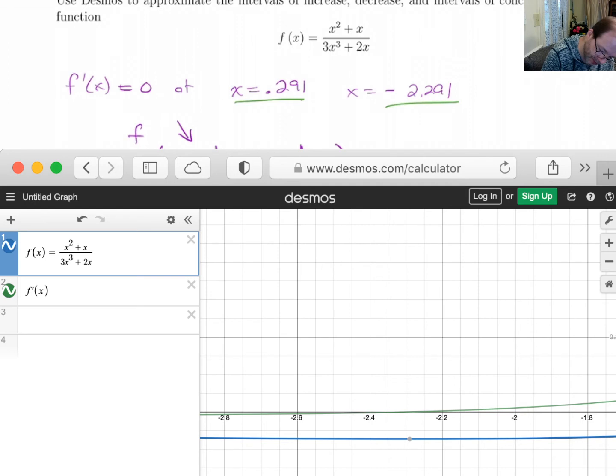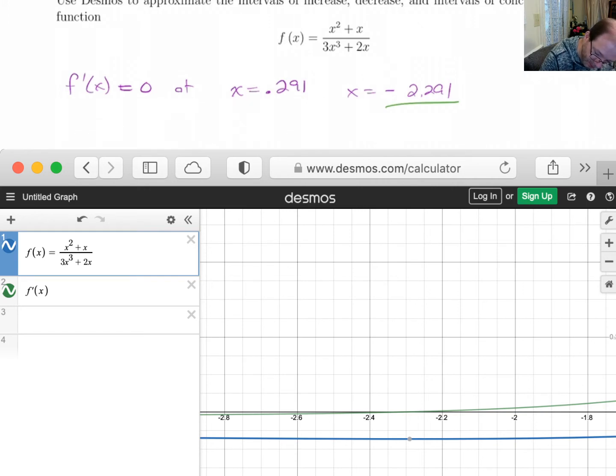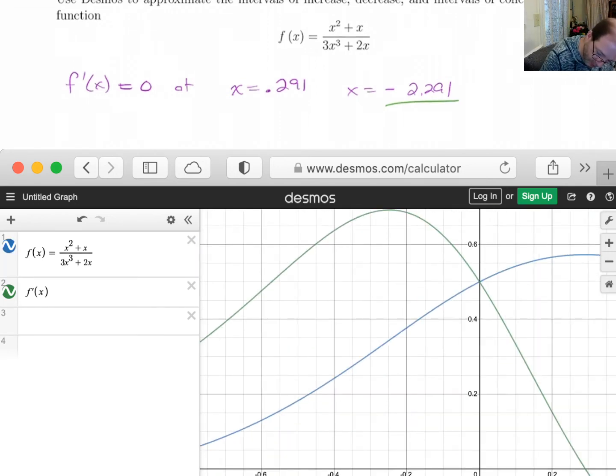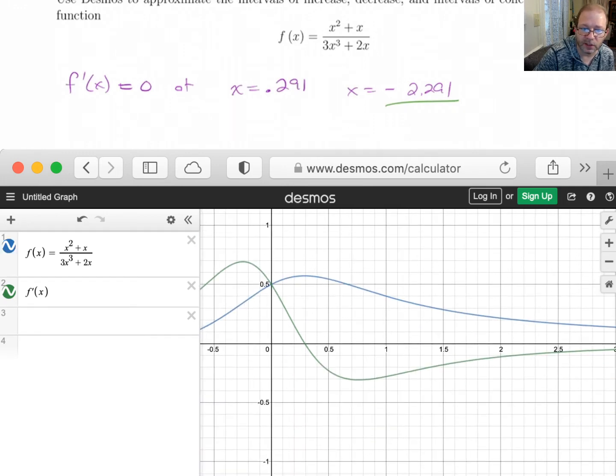So the function is decreasing, f prime is negative. Then in between, it's increasing because the derivative is positive. And then once you get past this point, 0.291, the function is decreasing, and the derivative is negative.